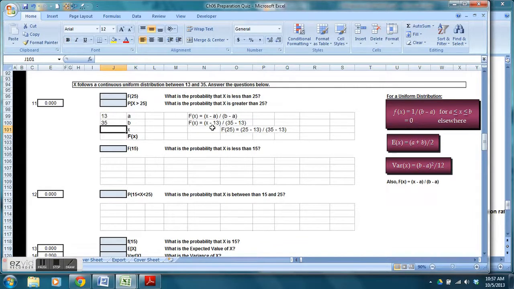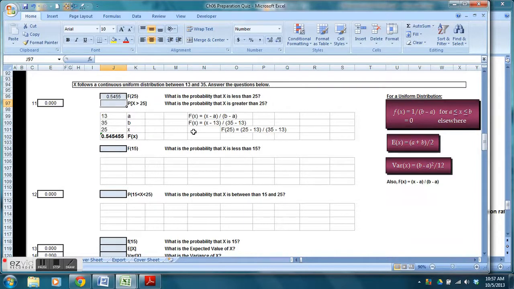So in this case it's 25 and big F of x we can solve for now. In this case we're interested in 25. It is parentheses x minus a divided by parentheses b minus a. There we go.